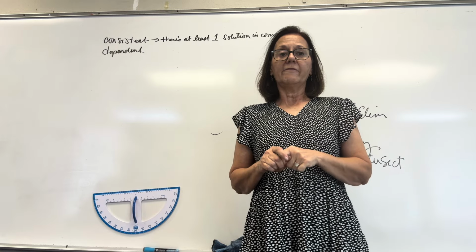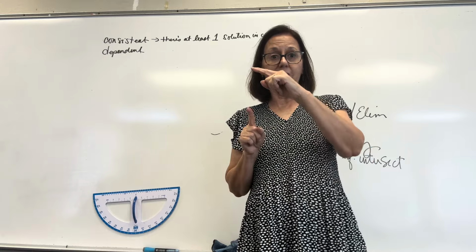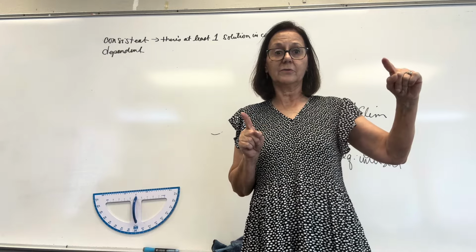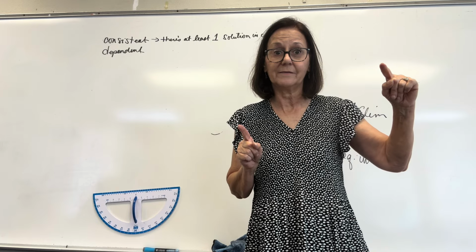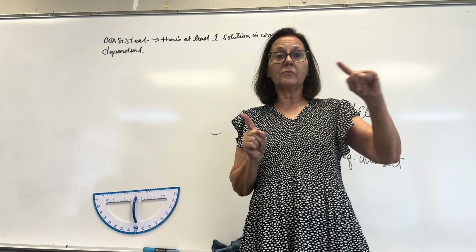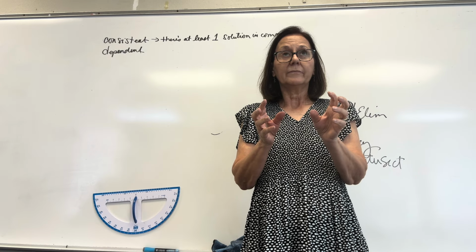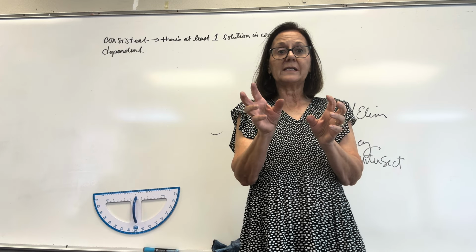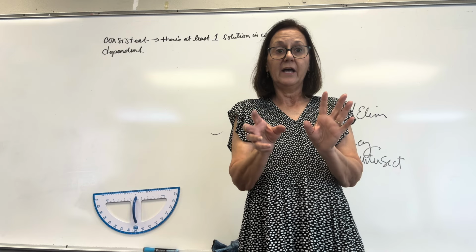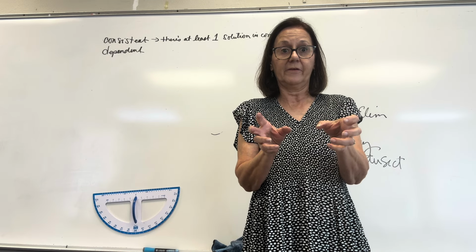If I have 2 equations with 3 variables, which makes no sense, I'll tell you why in a minute, we would call that a 2 by 3. So if I say a 3 by 3, the first number represents how many equations I have. The second number represents how many variables I have.